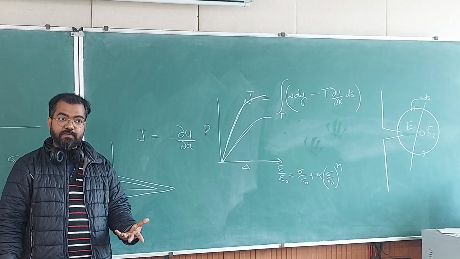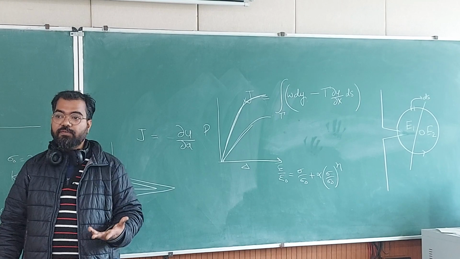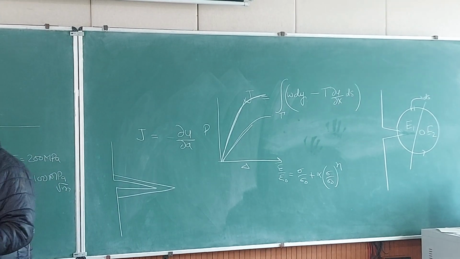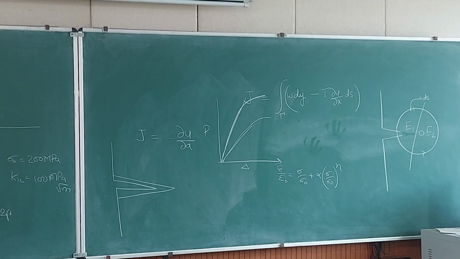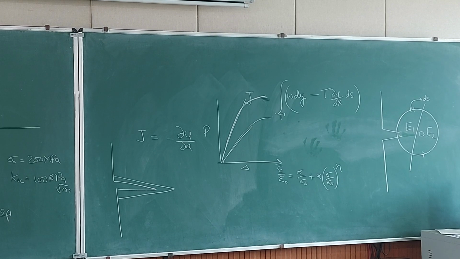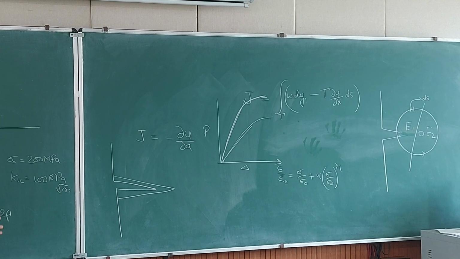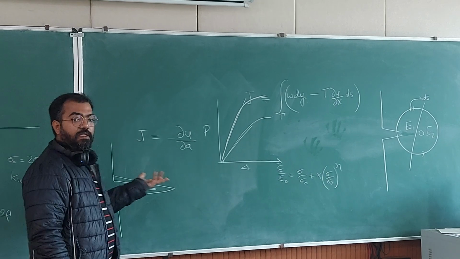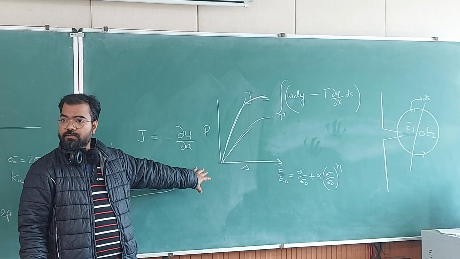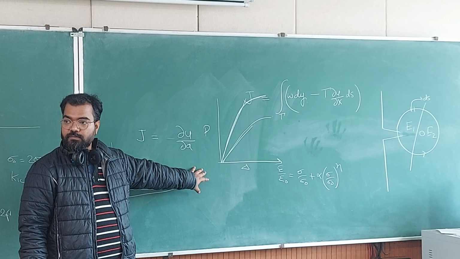So it is basically very same to what Griffith is doing. Griffith has also applied thermodynamics, energy balance. Rice is also applying the same thing using a mathematical concept, and then assuming it to be non-linear. So it really becomes Griffith theory.